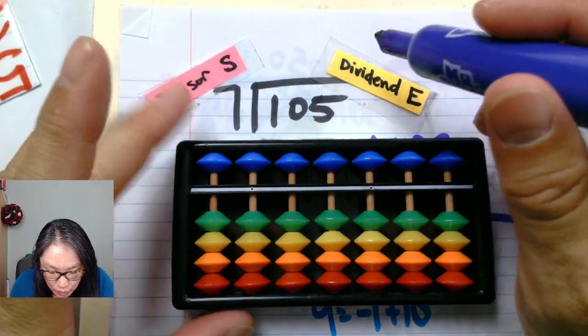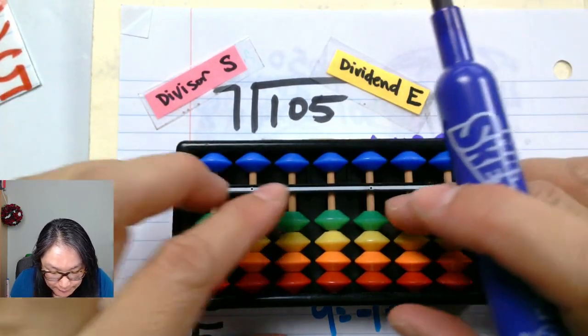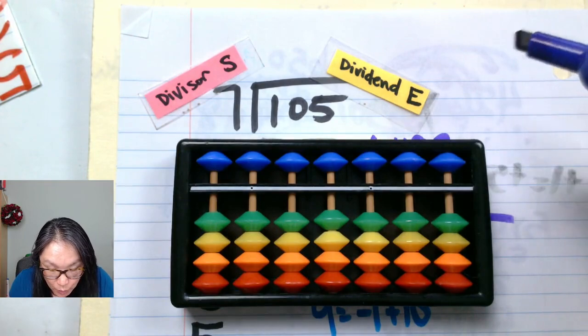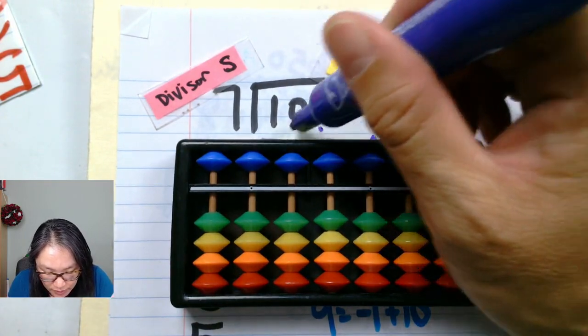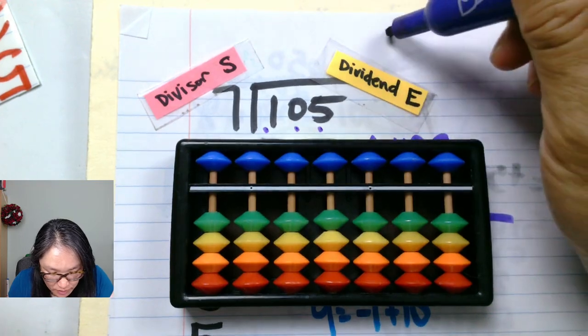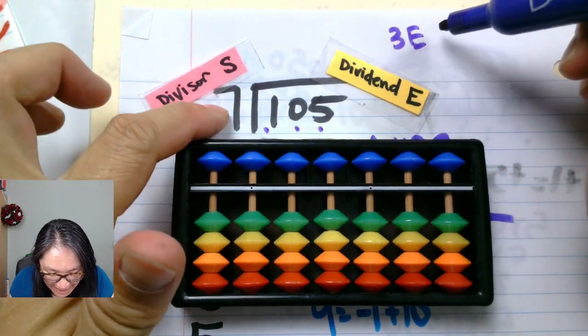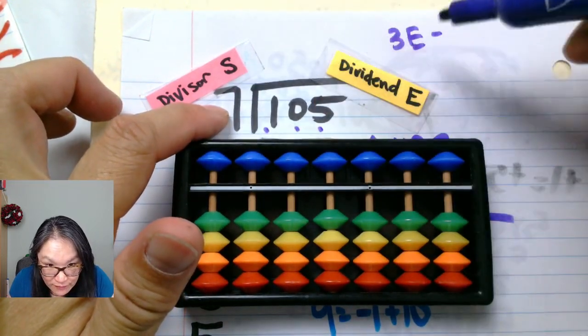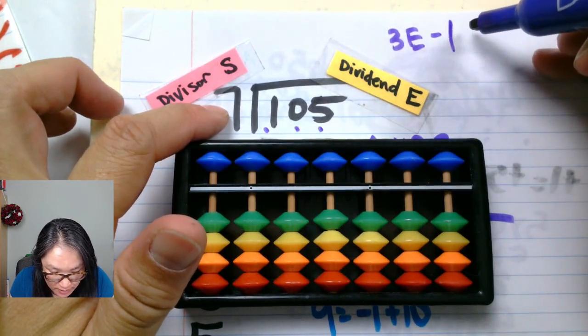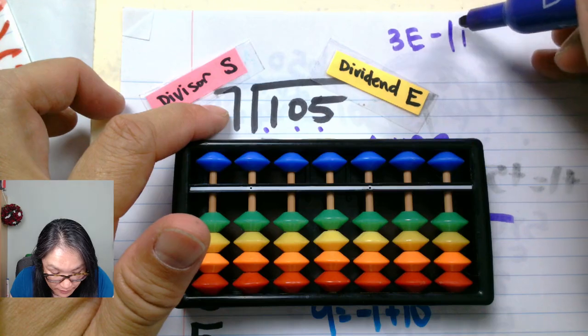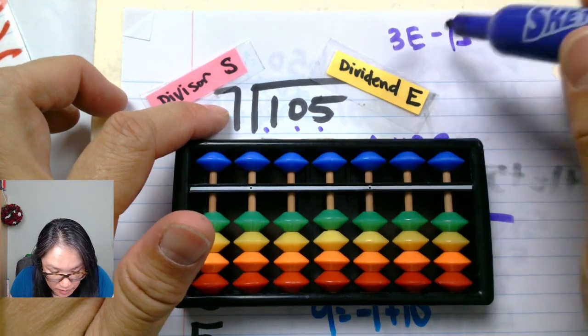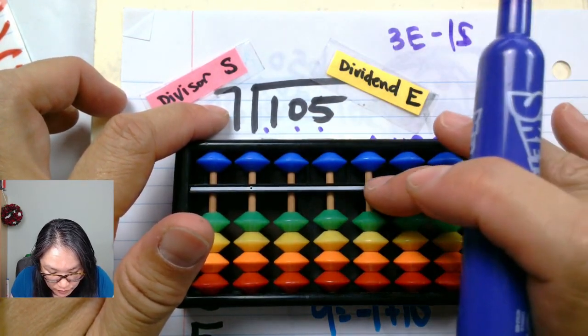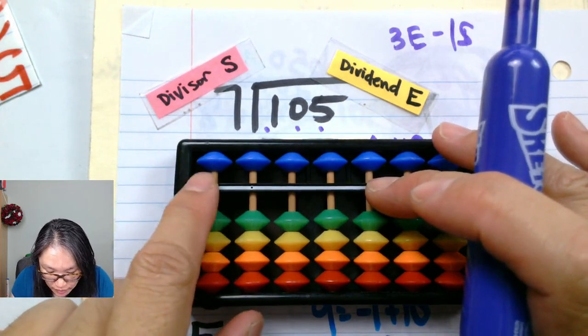Because we need to know where to put it on the abacus. When we do it, 1, 2, 3 digits in the dividend. So there's 3 digits minus 1 digit in the divisor. So our final answer is 2 digits.